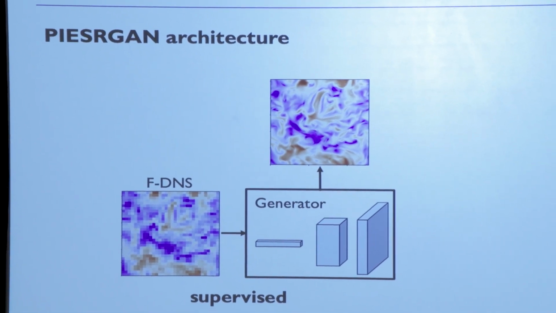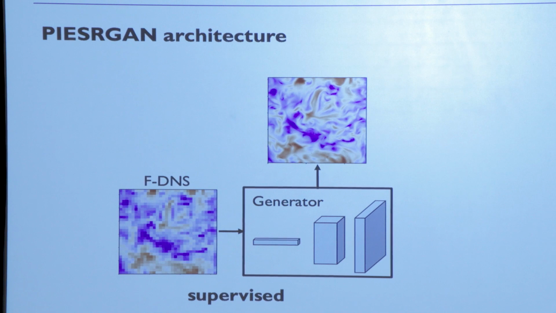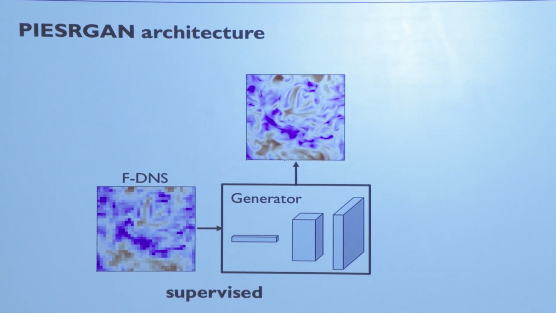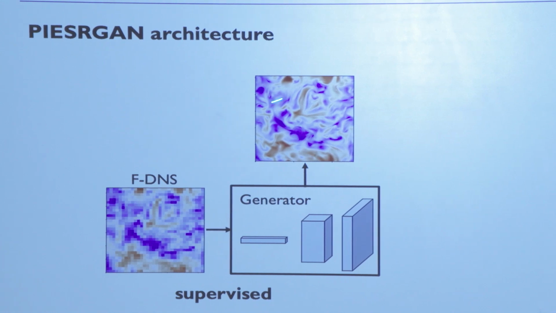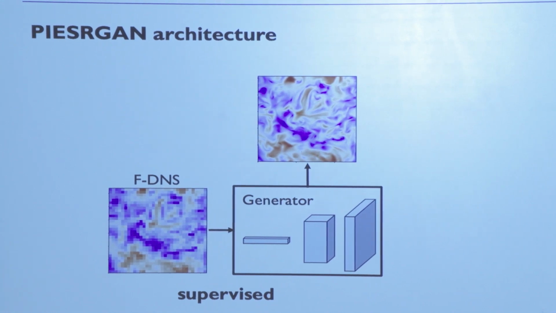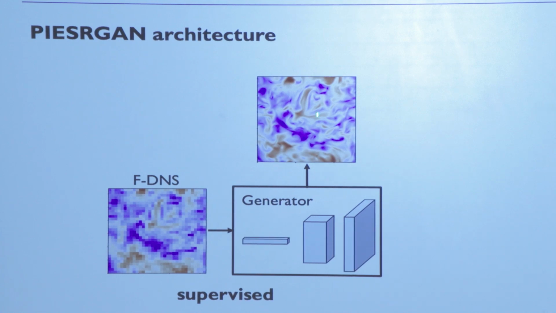And predicting a field means you get gradient information and so on. So that's what we do. We take a DNS, we filter the DNS, and then we train a network to give us back the DNS resolution. Okay, so that's just supervised learning, and it turns out that's okay, but it's not really good.